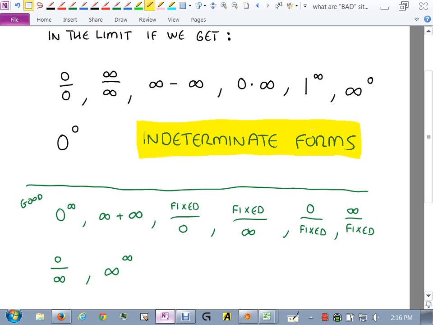Like we have to do some algebra or some trick. Do you agree? Since we cannot determine what they are right away, they are called indeterminate forms. And up to this point, we've done our best to try and handle these situations. But we've also seen how ugly it can get.